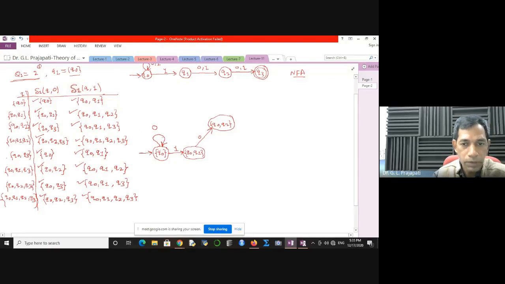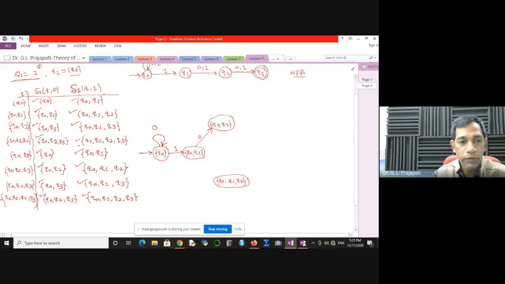For this case, you can draw somewhere else Q0, Q1 and Q2. This is the subset your machine goes to, and this is one state, a state of your DFA. So for which input are you going?